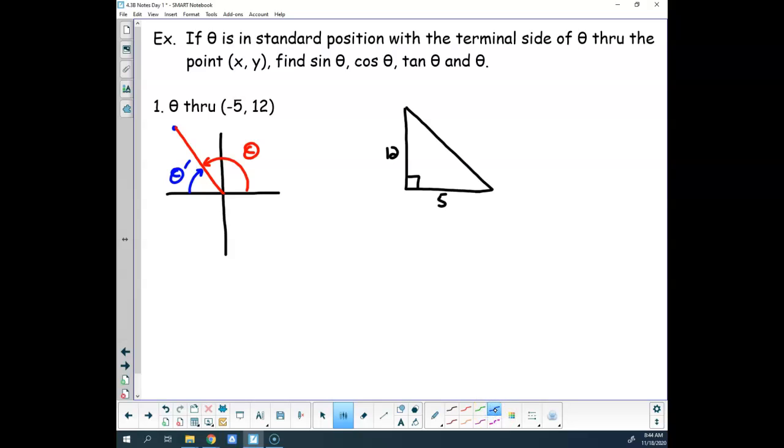My theta prime would be here. What's the hypotenuse? Right?